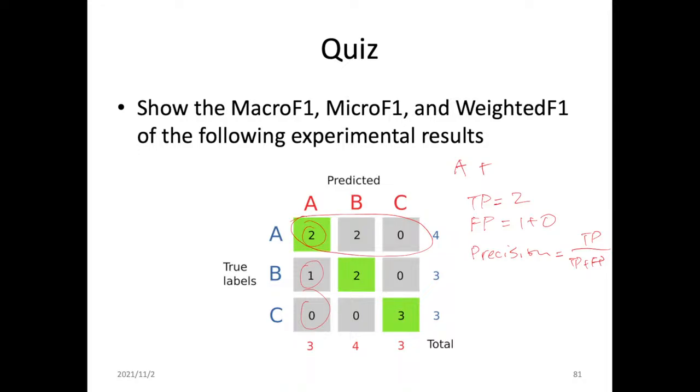So recall would be TP divided by TP plus FN. FN is this 2 plus 0. Okay, so you can repeat this process for all the different classes. Then you can compute the macro F1, micro F1, or even weighted F1.